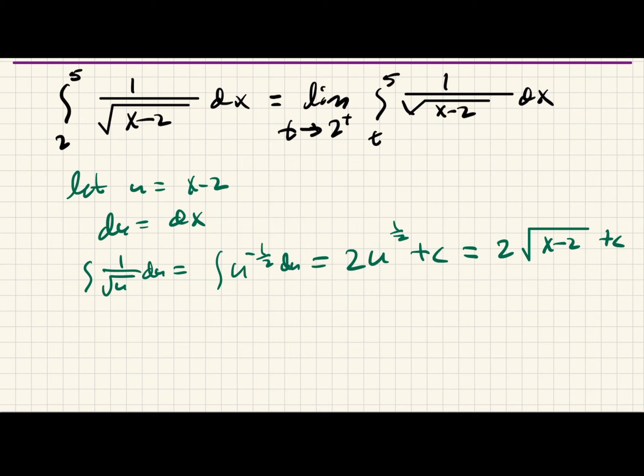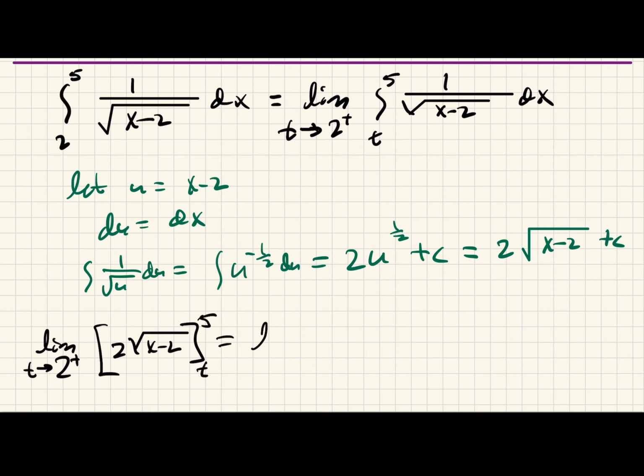So what we're going to have then is the limit as t goes to 2 from the right of 2 square root x minus 2 evaluated from t to 5.